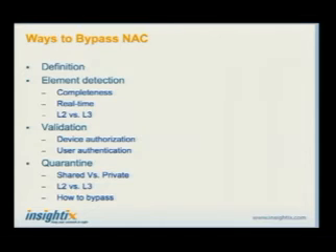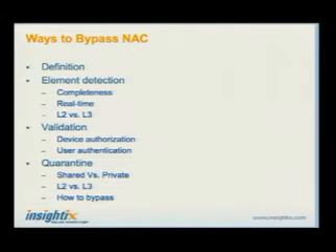So, this is the interesting part. So what are we going to talk about in regards to bypass? First and foremost, we'll see why definition is so important. We'll see why element detection can be problematic as well. We'll talk about completeness, real time of the detection, detection that is being done at layer 2 versus detection that is being done at layer 3.